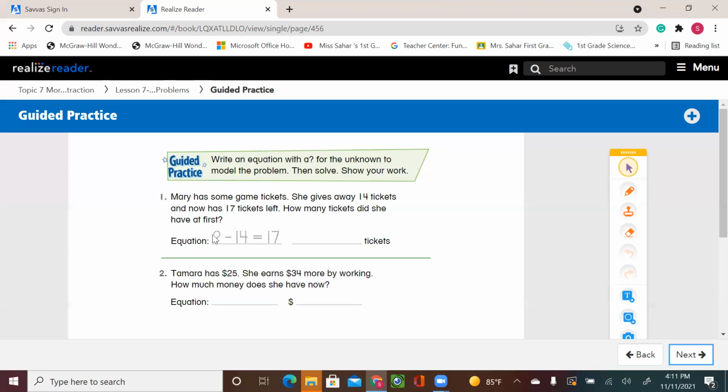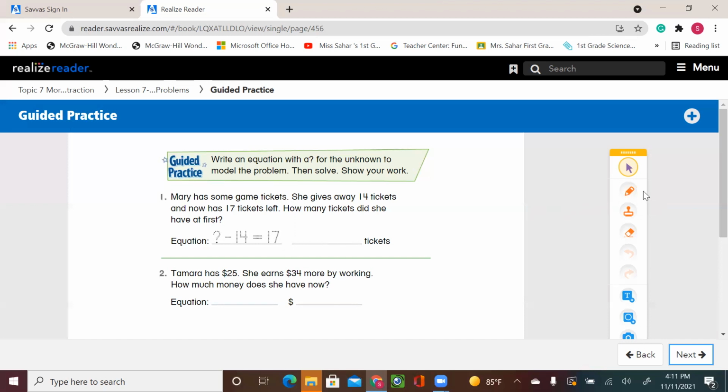So in order to get my first addend, or how many tickets she started with, I need to add 14 plus 17. So I can use any form or strategy of addition that I covered before. You can use a number line, you can use breaking apart, whatever you think will help you to get your addition. So let's see. Or you can even use adding on.